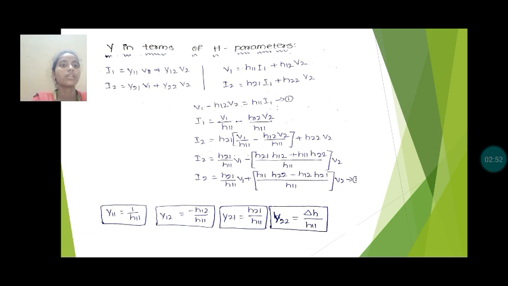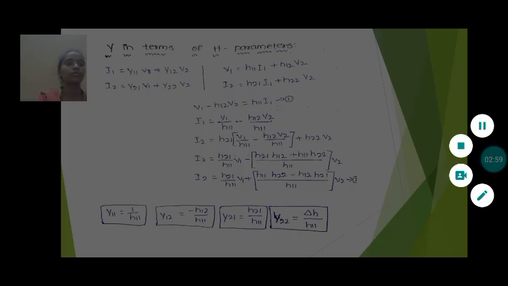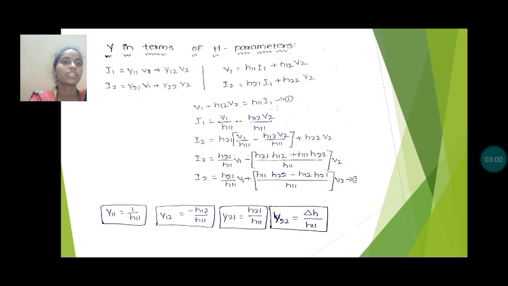H parameters: V1 equals H11 I1 plus H12 V2, I2 equals H21 I1 plus H22 V2. Here V1 minus H12 V2 equals H11 I1. This is equation 1: I1 equals V1 by H11 minus H12 V2 by H11.